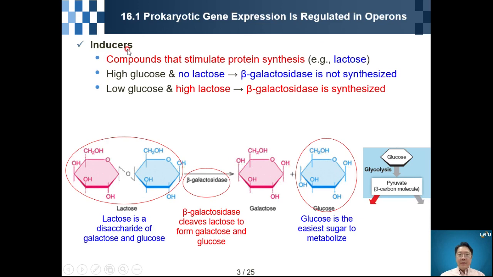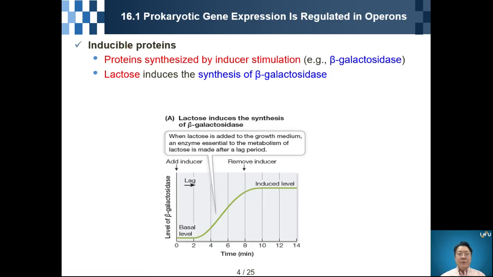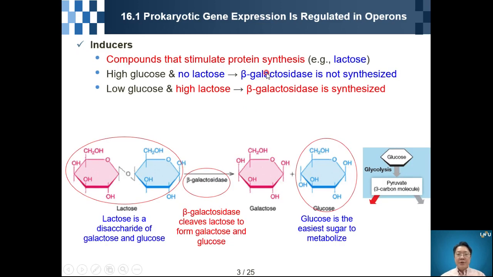Let me go to the inducible proteins. An inducible protein is a protein synthesized by inducer stimulation. Previously we mentioned what an inducer is. Lactose was the inducer, and beta-galactosidase is synthesized or not synthesized accordingly.